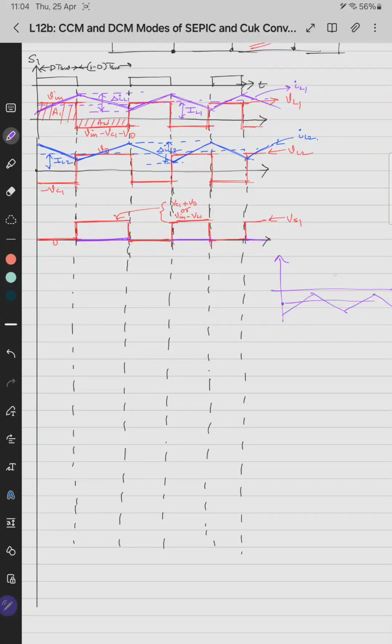This is the waveform of minus IL2, and the waveform of IL1 is like this. This is the waveform of IL1 and this is the waveform of minus IL2. You just have to add both the waveforms.